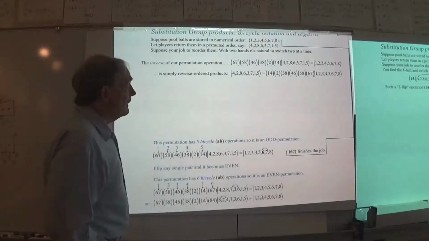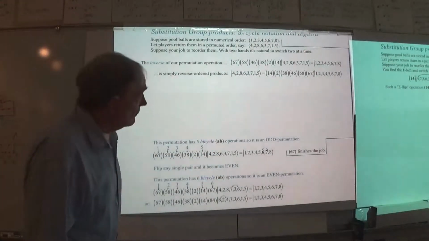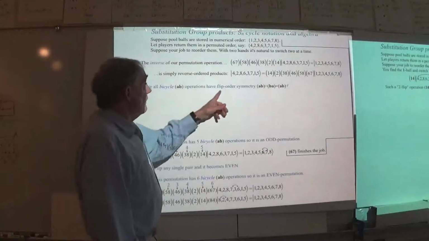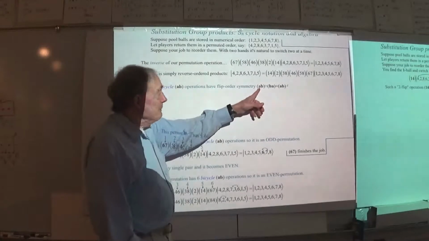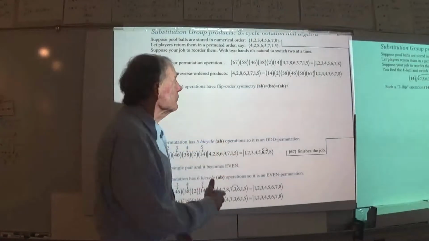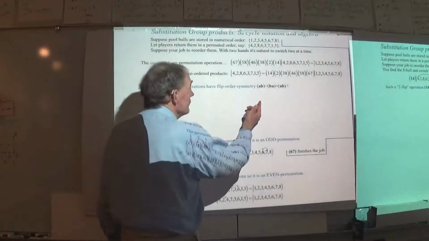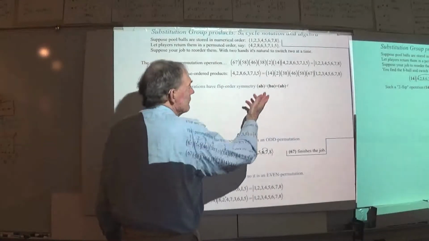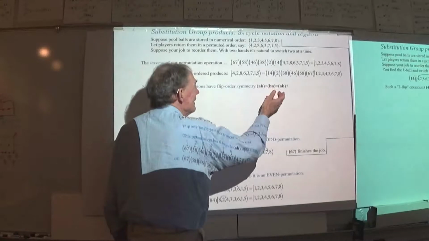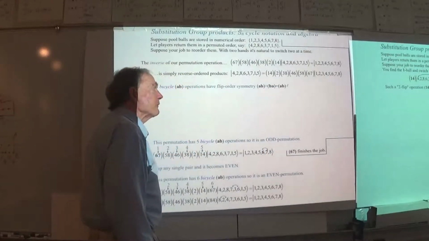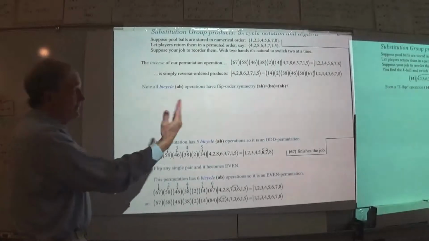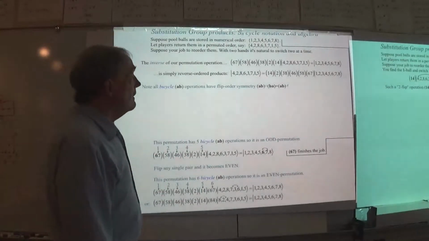And the reason for that is that the bicycles are kind of neat in the sense that they have flip order symmetry. A, B equals B, A. I mean, this is basically saying A goes where B is and B has to come back and be where A is. And you'll get the same thing if you go and pick up B first and do the switch with it first and write the A as the last thing.